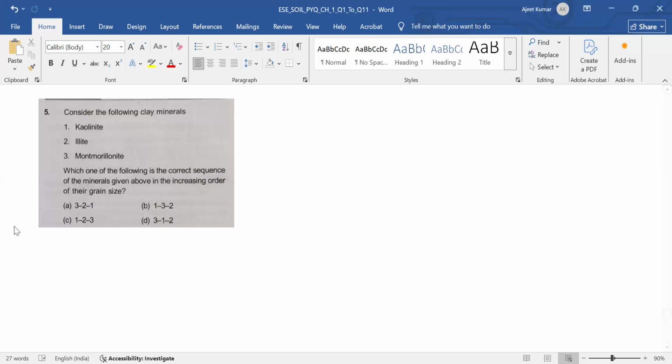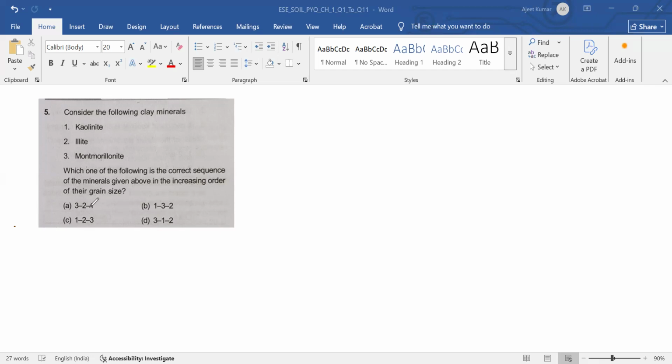Now question number 5. Consider the following clay minerals: first kaolinite, second illite, and third montmorillonite. Which one of the following is the correct sequence of minerals given above in the increasing order of their size?